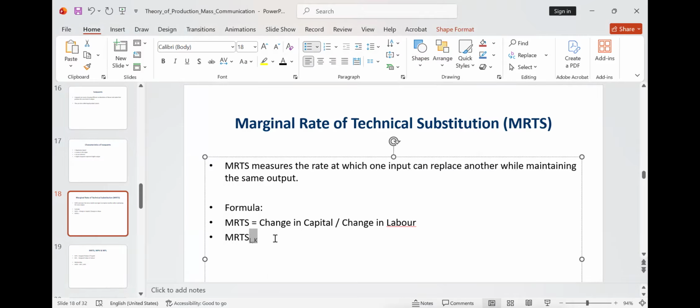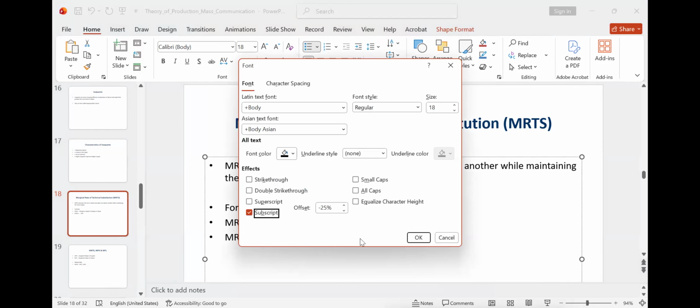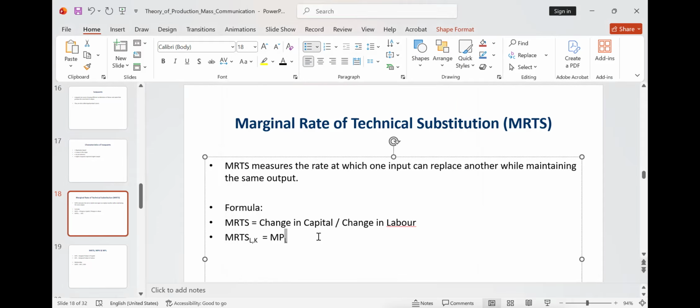MRTS LK is equal to marginal products, or let's just say MPL divided by MPK.